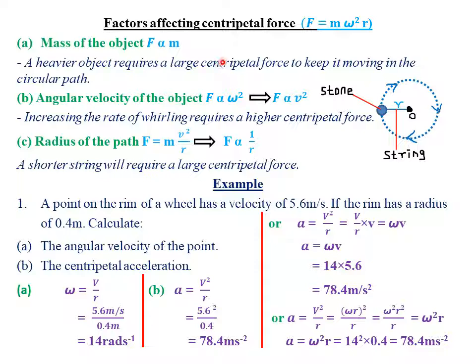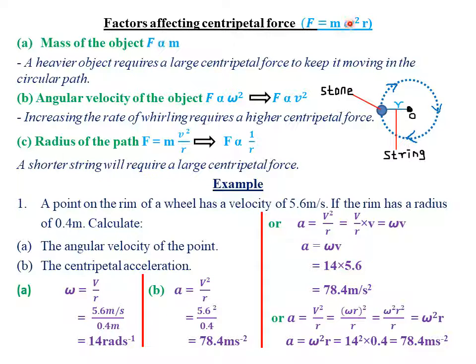Therefore, the resultant force required will always be directly proportional to the mass of the object being rotated. So a heavier object requires a large centripetal force to keep it moving in the circular path. Conversely, a light object requires a very small amount of centripetal force in order to keep it moving in a circular path. Therefore, the mass of the object is directly proportional to the centripetal force required.